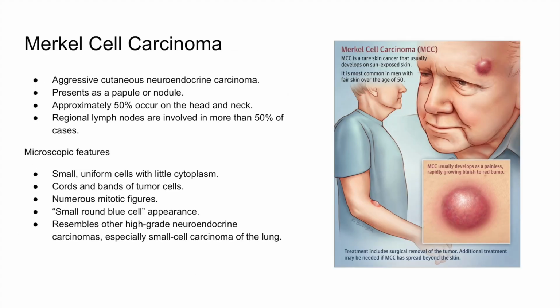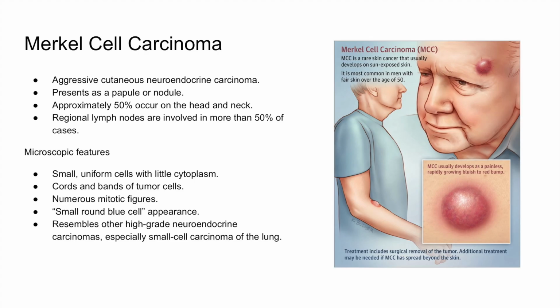Okay, there you go. All right, so Merkel cell carcinoma is a rare but highly aggressive cutaneous neuroendocrine carcinoma. It typically presents in an older or immunosuppressed patient as a rapidly enlarging, painless, firm to red, violaceous nodule on sun-exposed skin, commonly the head and neck. It has a strong tendency to spread early to regional lymph nodes.